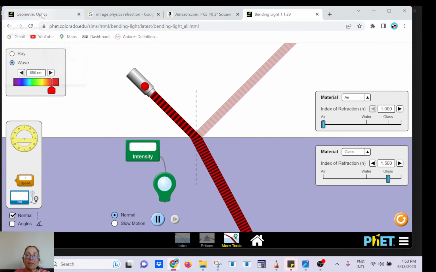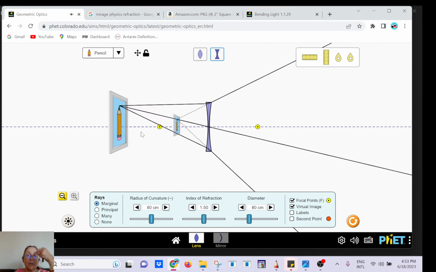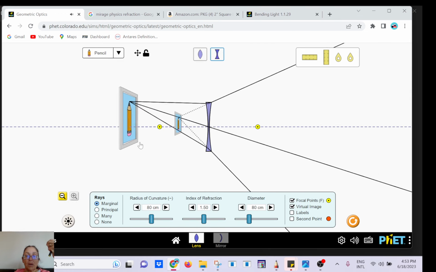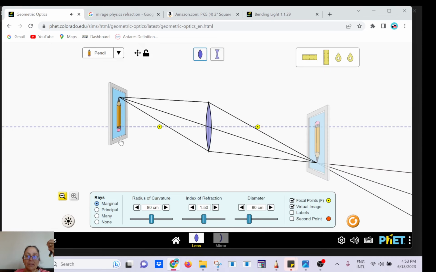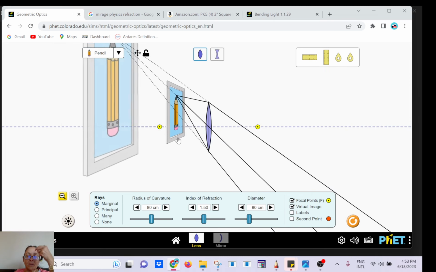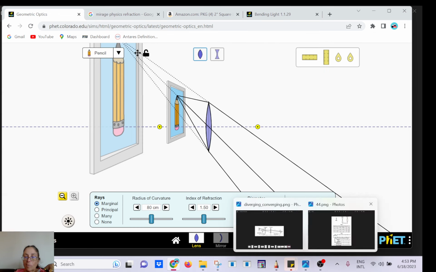It's just telling you that if you have a converging lens, what's happening if the object is inside the focal distance? You see what happens is that you get a virtual image which is enlarged and upright, so it becomes like a magnifying glass.